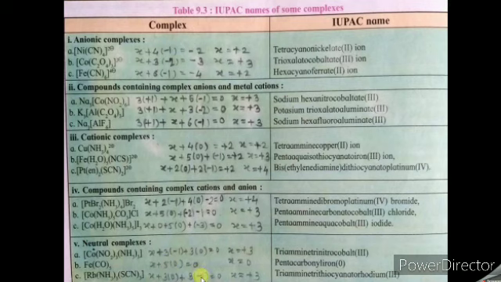SCN is minus 1, so 3 into minus 1, is equal to 0. So X is equal to plus 3, write down in bracket. So there are 3 ammonia molecules, triammine, 3 SCN. So sulfur is the donor atom, so thiocyanato, and there are 3 in number, so trithiocyanato. Rh means rhodium, write down oxidation state.